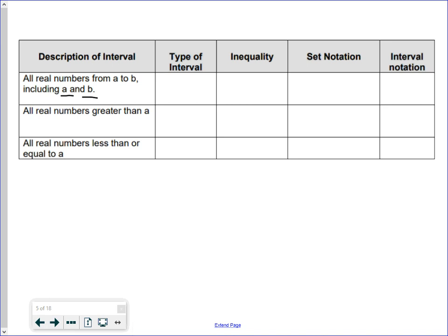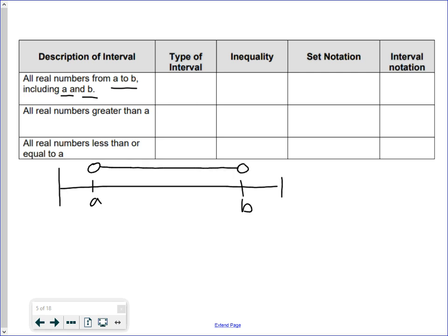If I drew this as a number line, I have A and B. I want all real numbers from A to B. So I want everything from A all the way to B, including A and B. So we fill in those circles because those endpoints are part of the interval as well. So we have two endpoints, and two endpoints tells me that this is finite.